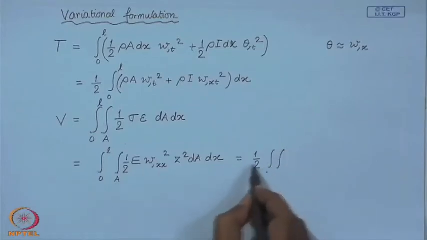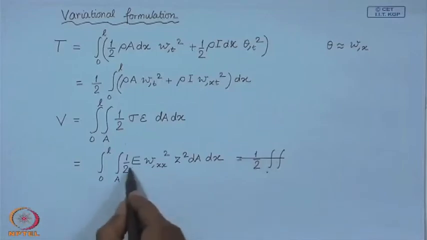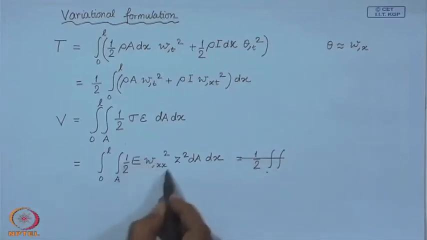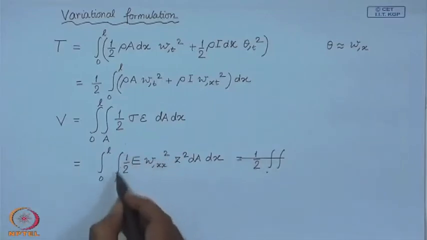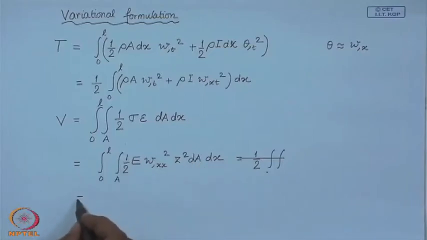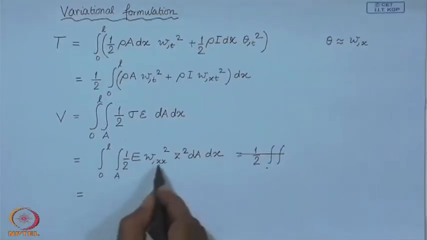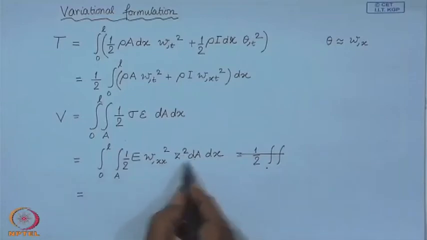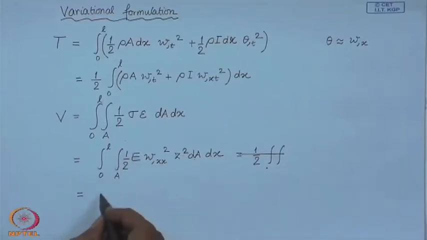So, this Young's modulus and the curvature square will have nothing to do with this area integral. So, they can come out, and what we have is z square dA integrated over the area, and that we already know.